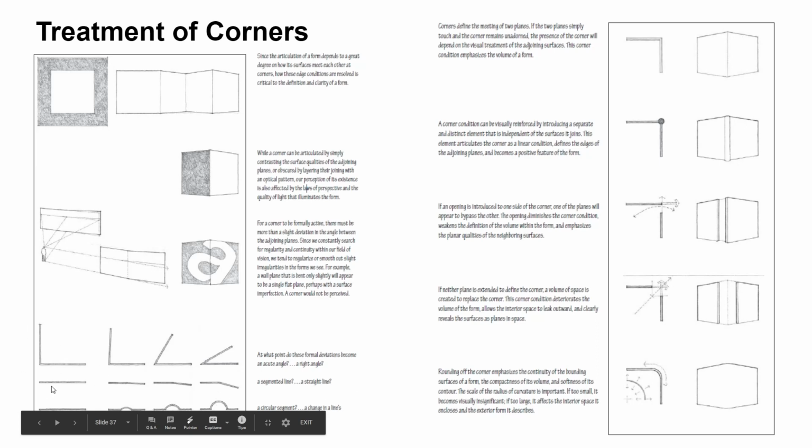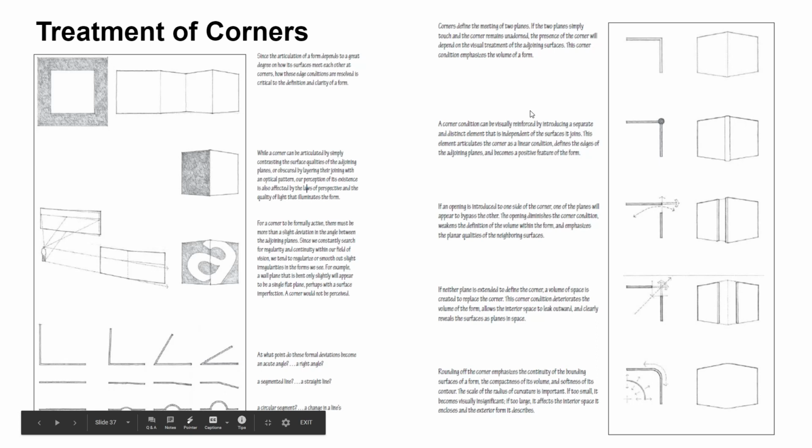So from, let's say, a straight line with slight deviations with regards to where we fold or create a segment, and a circular segment, so it's a change in the line. So here you have a straight planar line, and then on there is an undulation that is developed through different stages. So corners define the meeting of two planes.